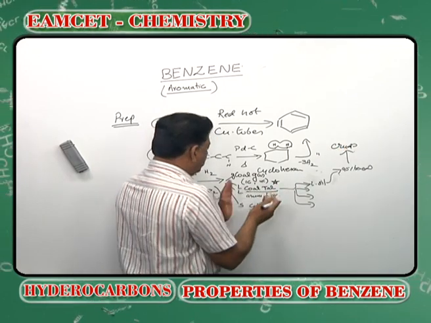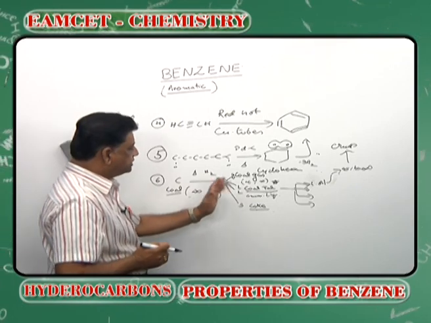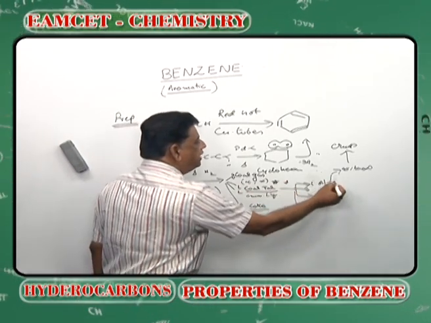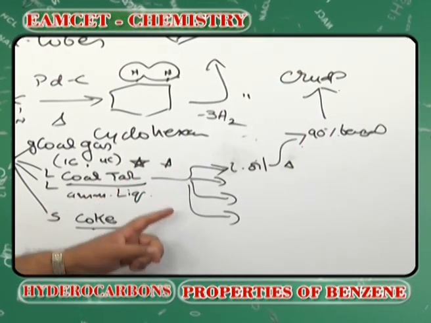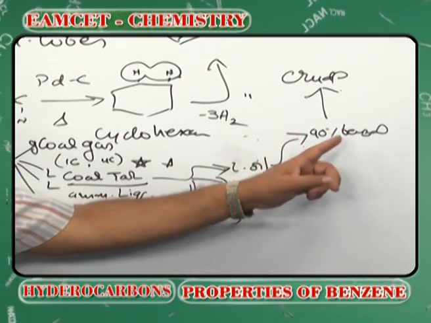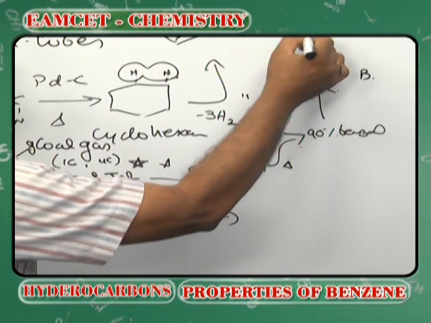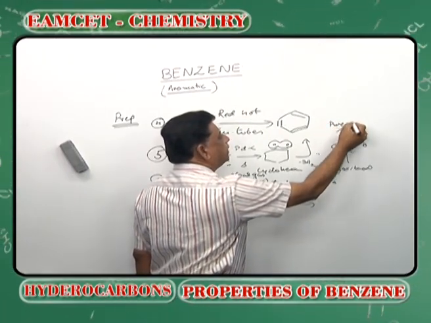The reaction is only in the first stage, carbon reacting with hydrogen. Once the coal tar is formed, we are only heating, separating the compounds into fractions based on boiling point difference. Then if you crystallize and further distill, you will get pure benzene.